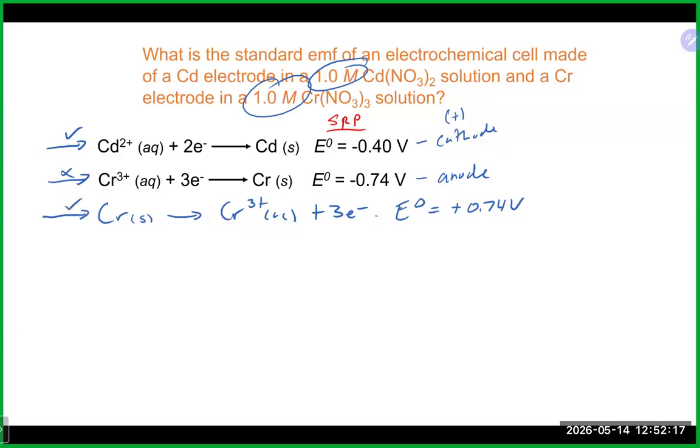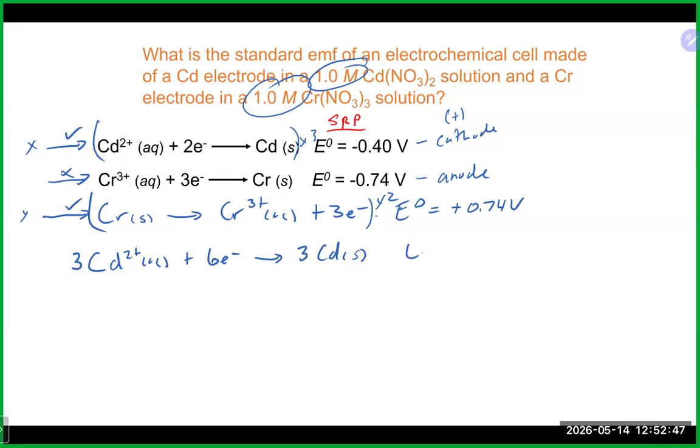Now I have both of my equations written correctly to get the overall reaction, but when I look at this reaction and this reaction, they do not have the same number of electrons. That means I have to multiply this one by 3 and this one by 2. Rewriting those underneath: 3 Cd2+ plus 6 electrons go to 3 cadmiums.